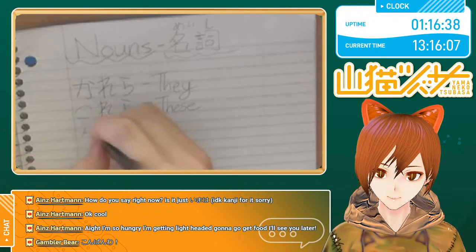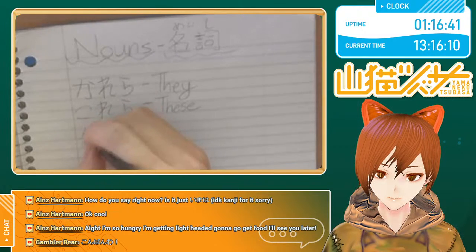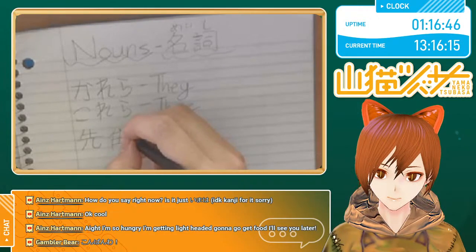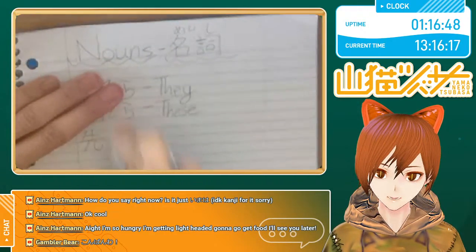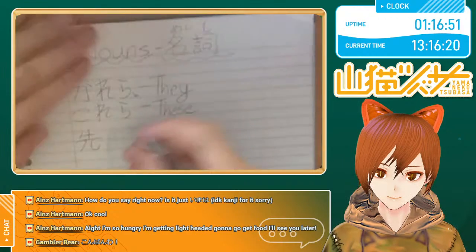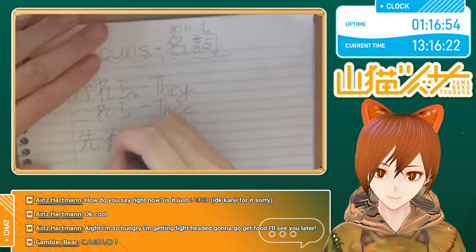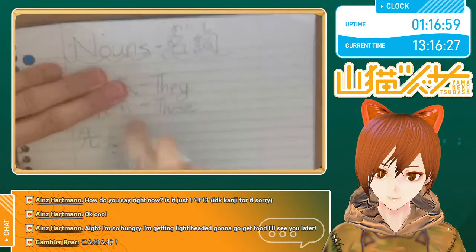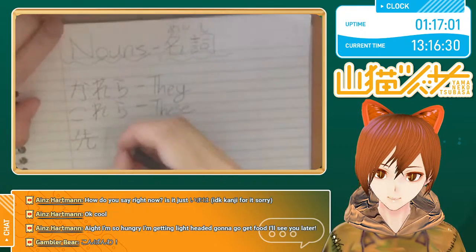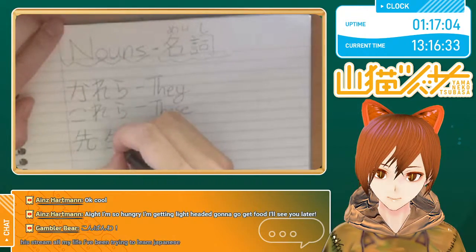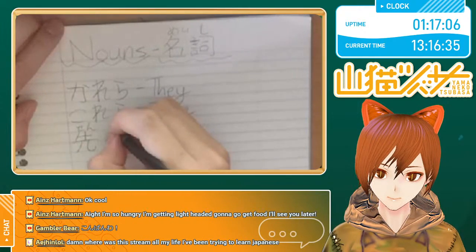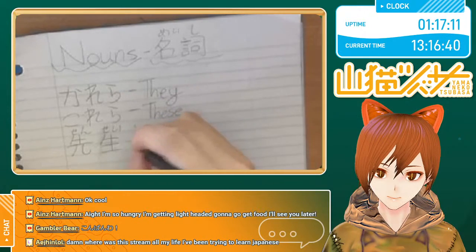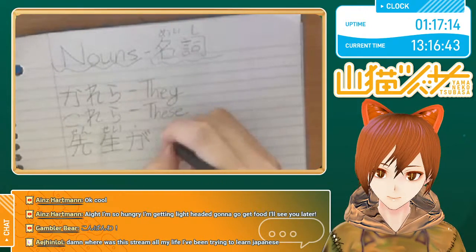Always have to search it up. Nope, that's not how you spell that. Nope. I was like, why does it look so weird? It's because it's like this. Sensei. Gata.